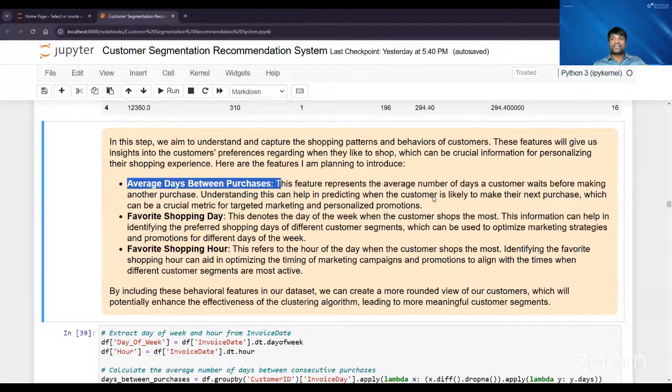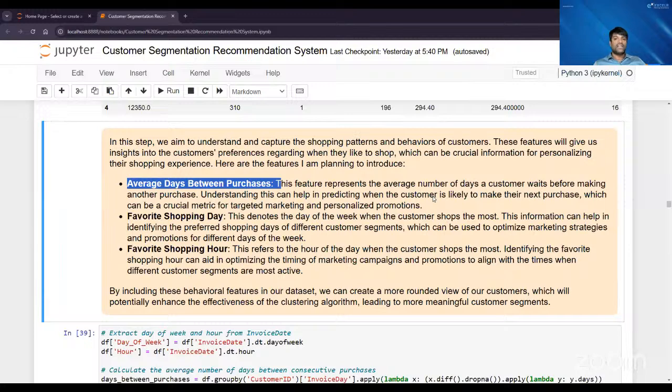How often a customer is going to purchase a product, and which day customers show a lot of interest in purchasing, is also a very important aspect. Apart from that, we can also identify the favorite hour, or the favorite time, when customers want to make a purchase.